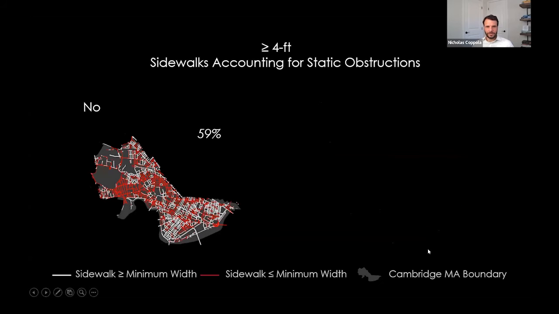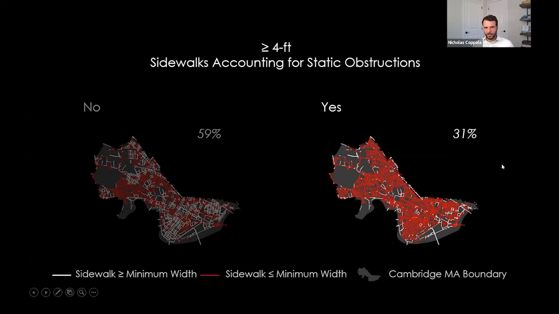And we did the same thing for 4, 5, and 6 feet. Let's take a look at 4 feet here. Without static obstructions, it looks like 59% of those sidewalk polygons are compliant at 4 feet. When we incorporated those obstructions, it drops to 31%. That's a difference of about 48%.